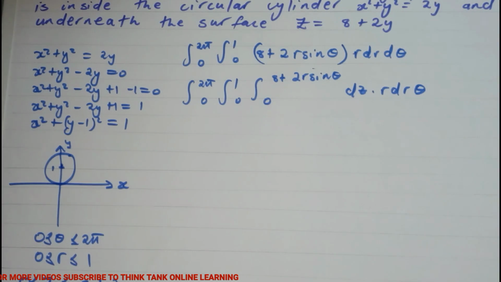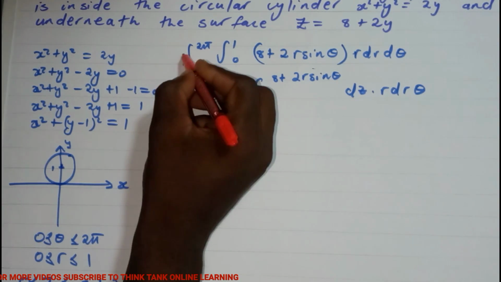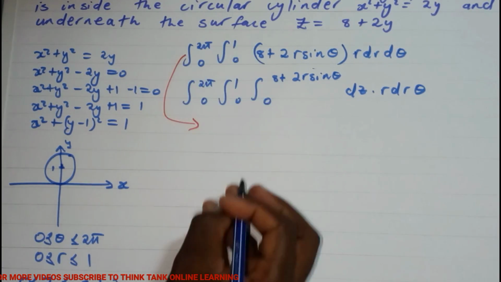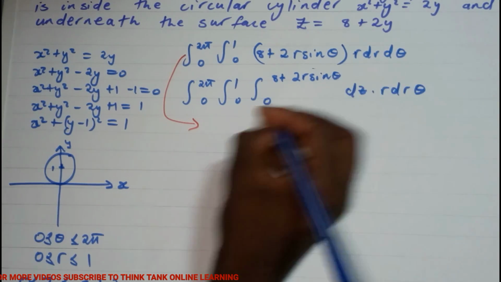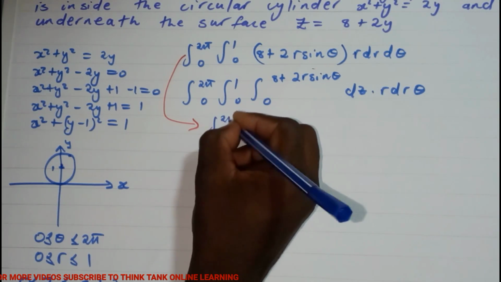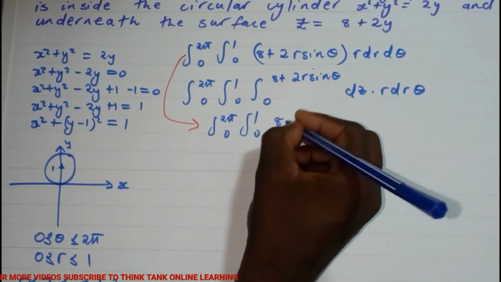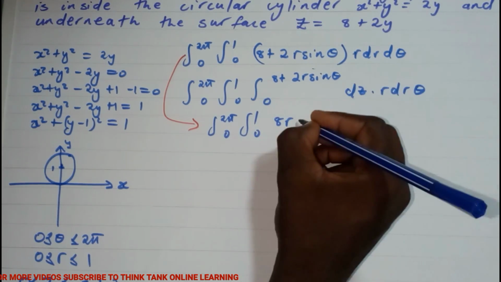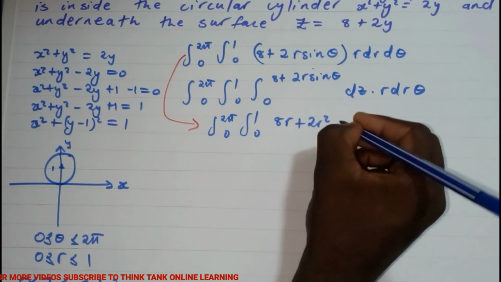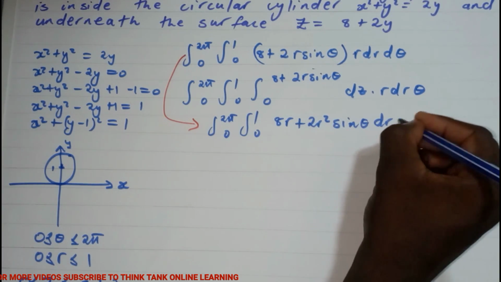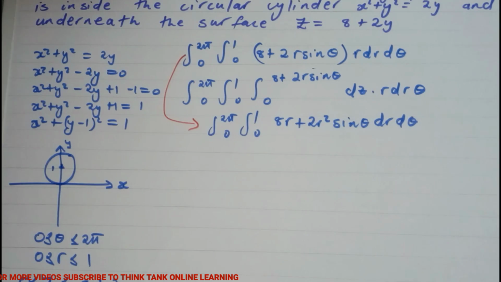Let me write it out so you don't get confused. If we integrate with respect to r first, we have the integral from 0 to 2 pi, and from 0 to 1, of 8r plus 2r squared sine theta, dr d theta.